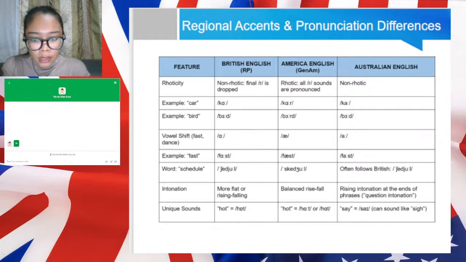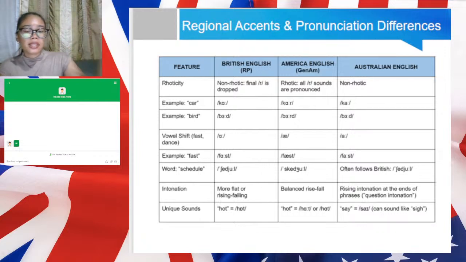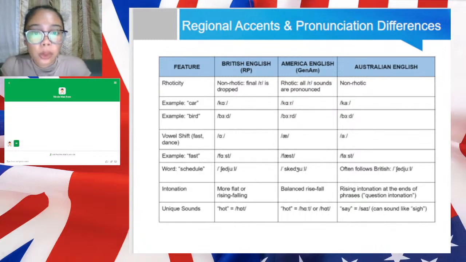Even though they might sound odd to you, it is totally okay for the ones speaking that particular word because it is already accepted in their kind of English.